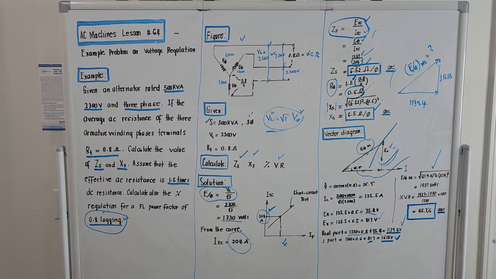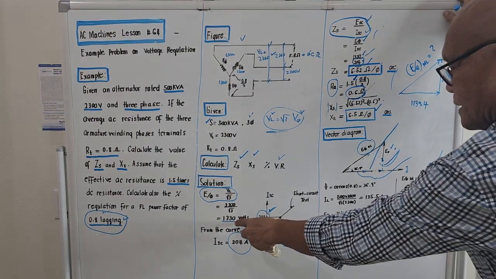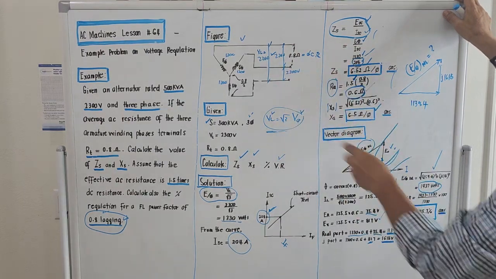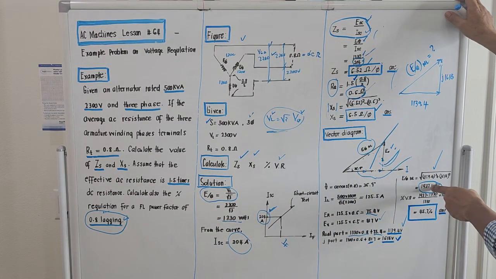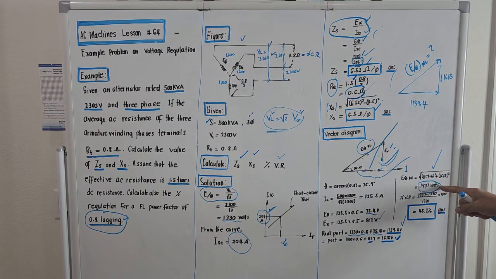What will come out is 1937 volts. There was a big voltage drop, because at full load, it's only 1330. And at no load, it should produce 600 volts more because this is 1937, right? So if we now compute the percent voltage regulation, this is no load minus full load over full load times 100. It is 45.7%.